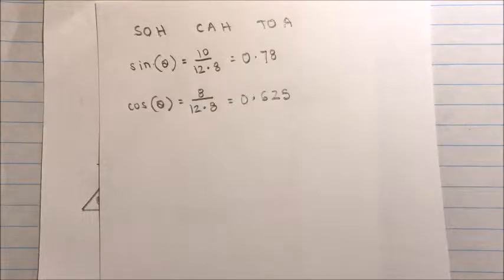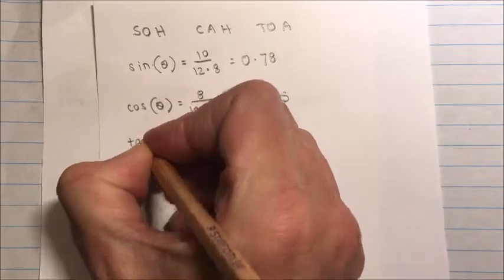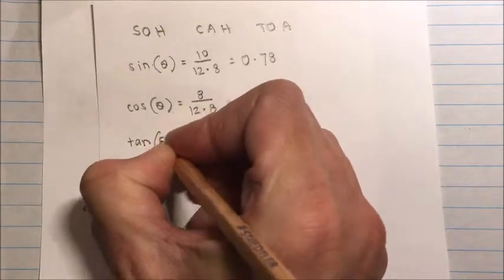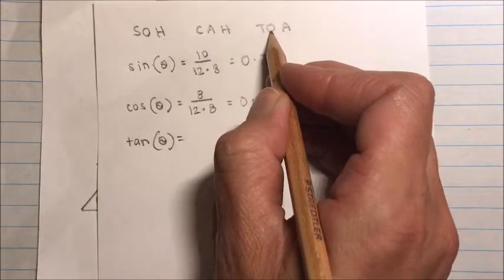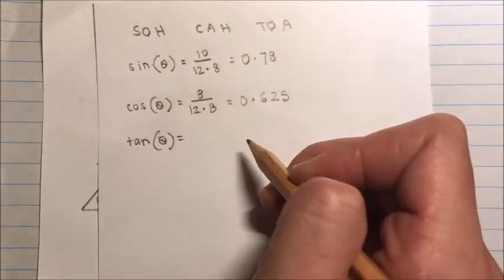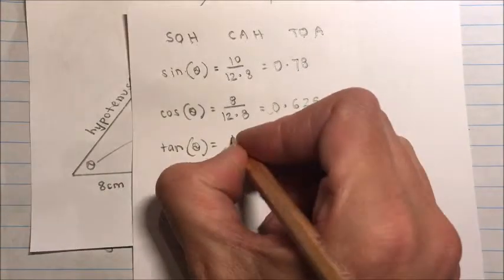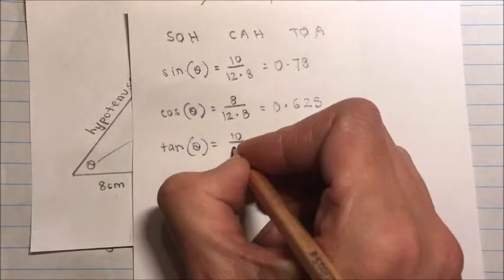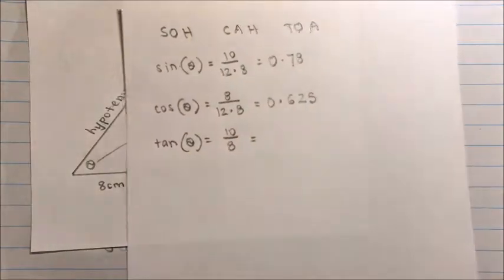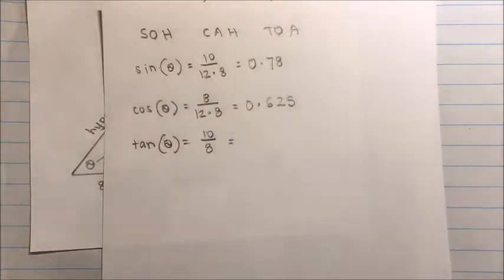Now let's look at the tangent of our reference point. And we know TOA, the tangent is the relationship between the opposite and the adjacent. So the opposite side being 10 and the adjacent being, I can see it sneaking over there, 8. So 10 divided by 8 equals 1.25.